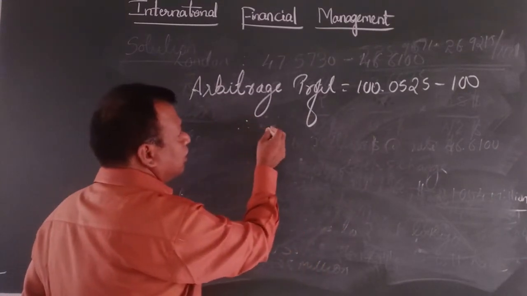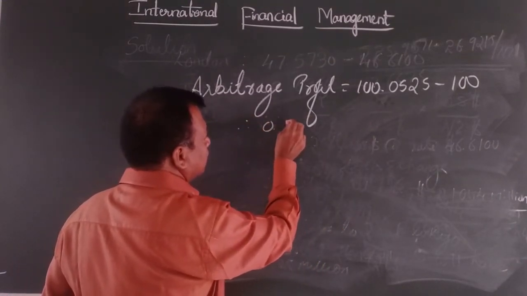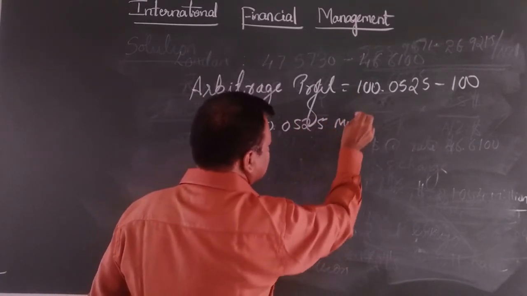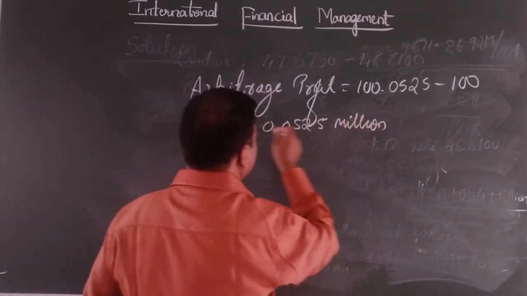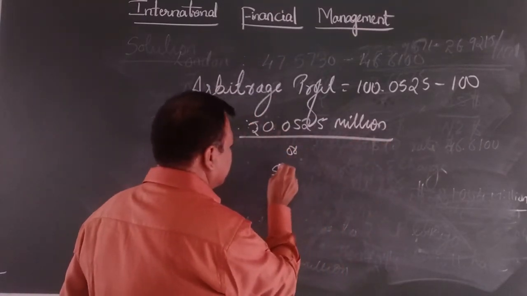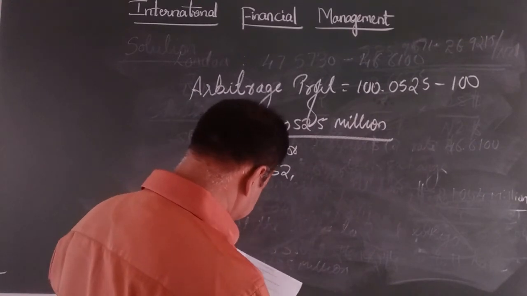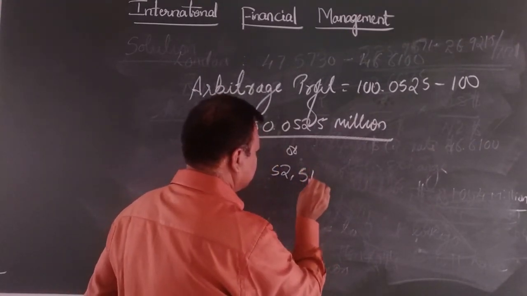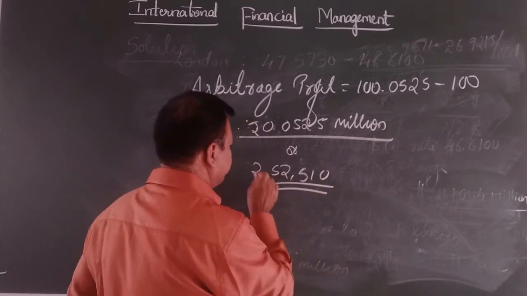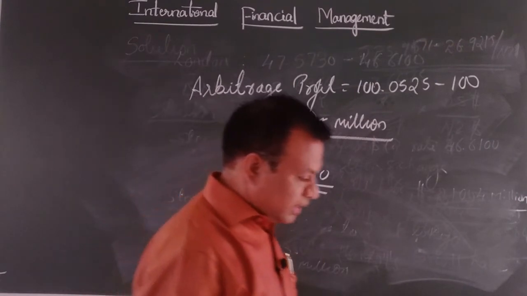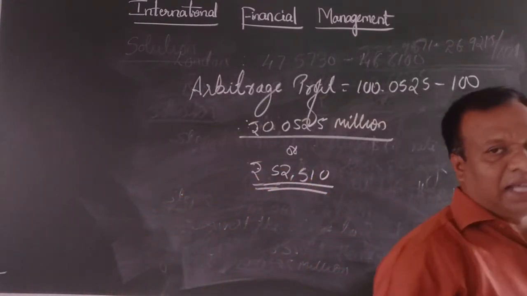Therefore, 0.0525 million is the profit, or we can write this as 52,510 as arbitrage profit.